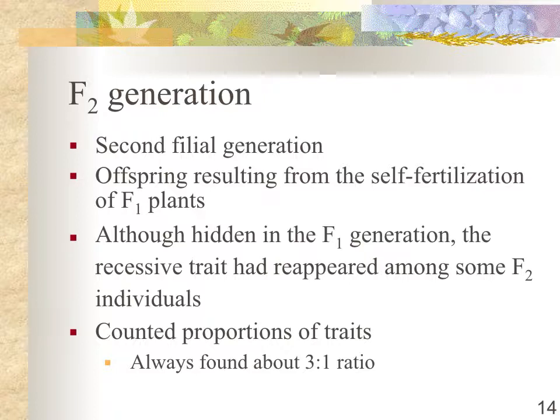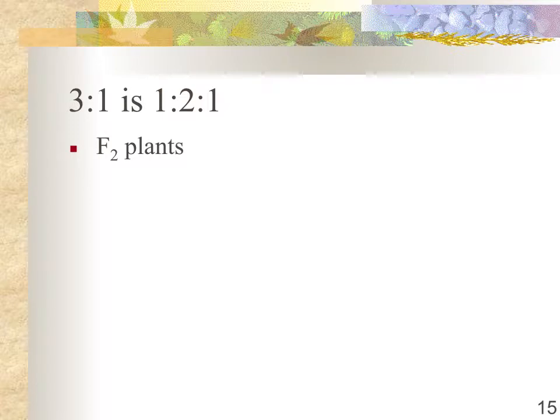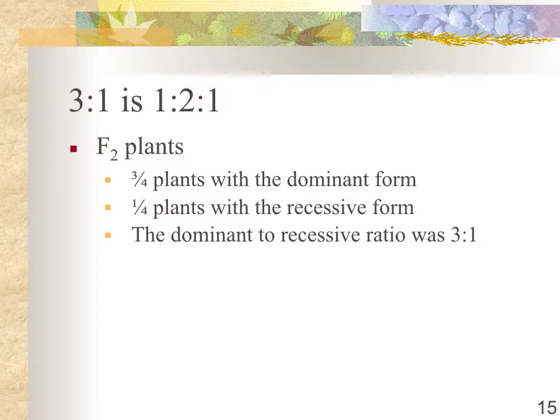The hidden traits that were present when you did these crosses can now reappear, and that's when you get that 3-to-1 ratio. That 3-to-1 ratio is the ratio of phenotypes, but if you really look at it, it's a 1-to-2-to-1 ratio, where you have 1 homozygous dominant, 2 heterozygous, and 1 homozygous recessive. So that's what that ratio looks like.